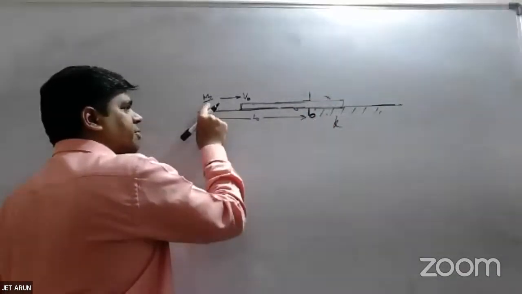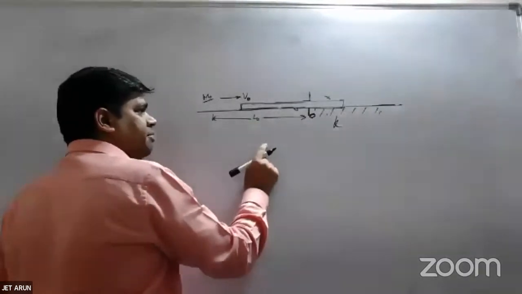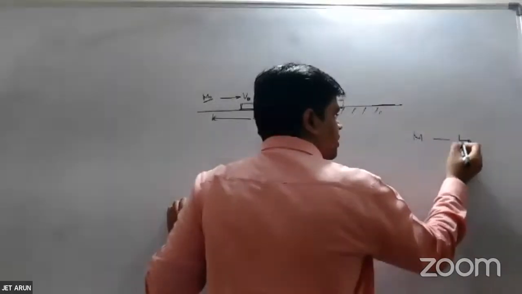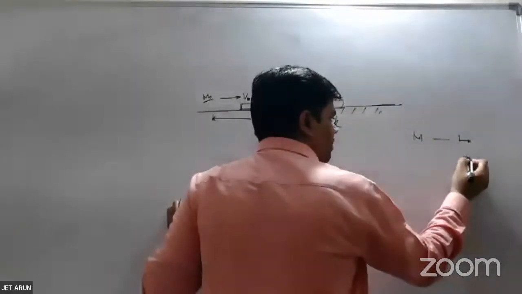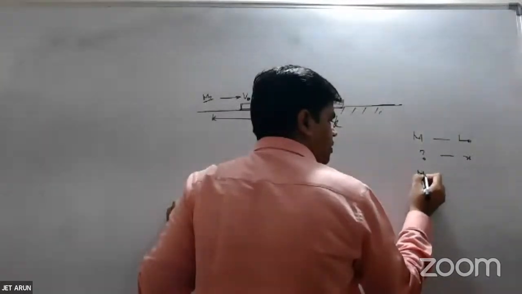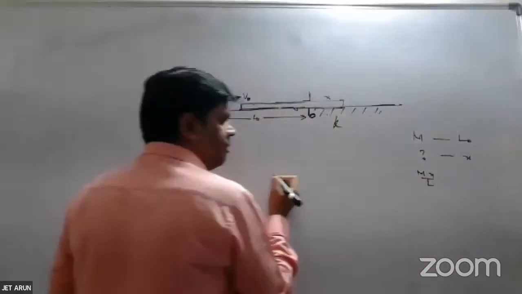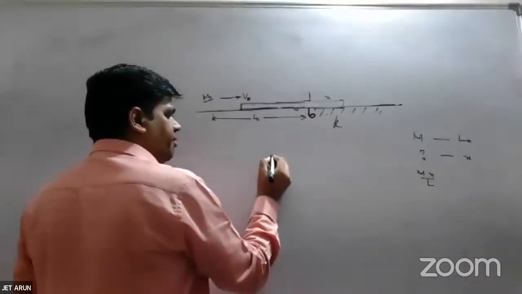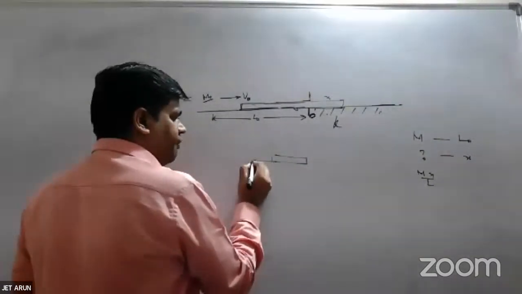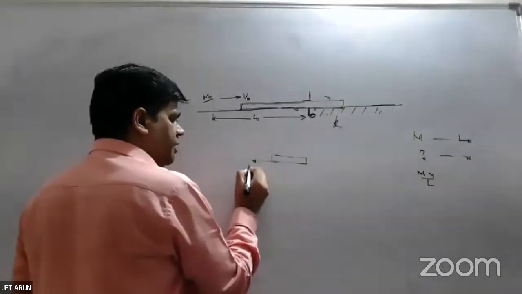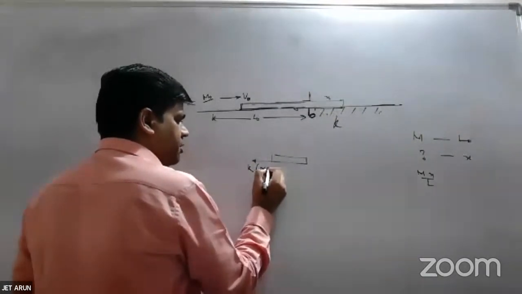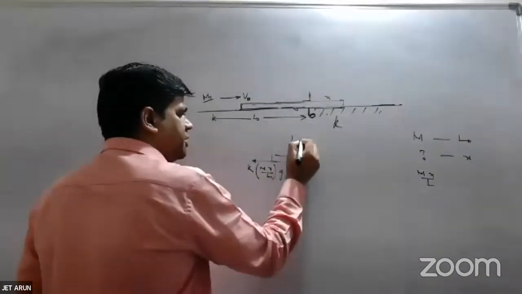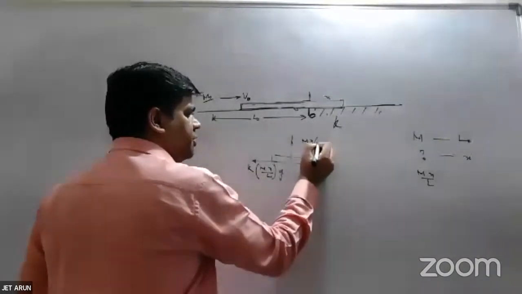If the mass of the complete rod is m and its length is L, the mass of part x would be mx by L. So friction on that is kinetic friction, which is mu times N, mu times mx by L into g, because the normal reaction is mx by L into g.